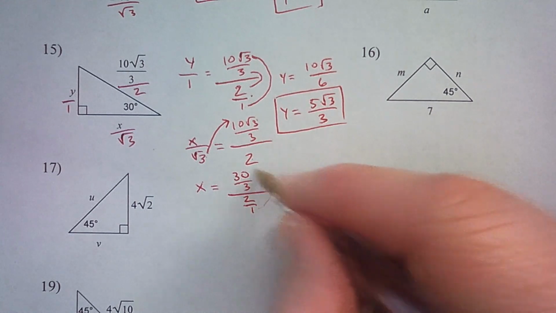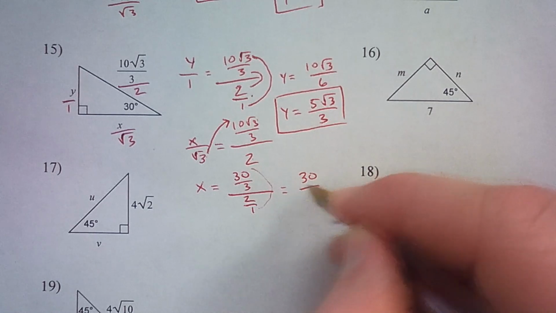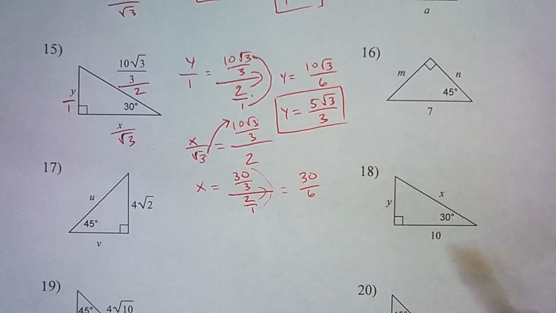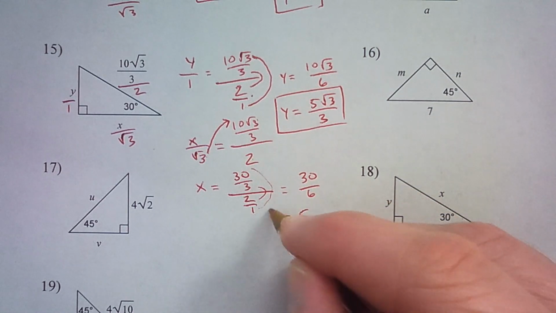And when I multiply my outer loop, I get 30. In my inner loop, I get 6. And 30 over 6 is 5.